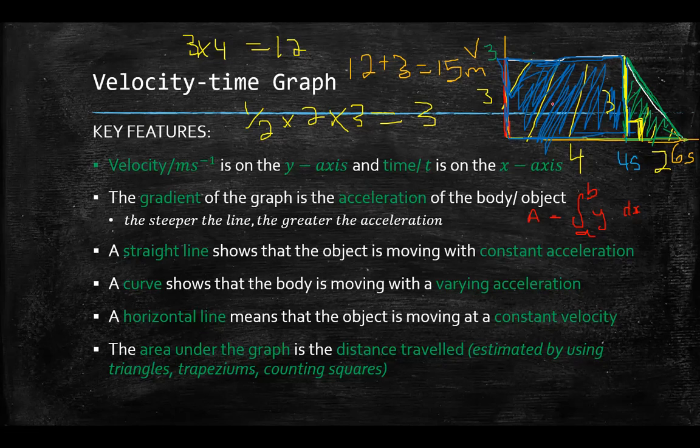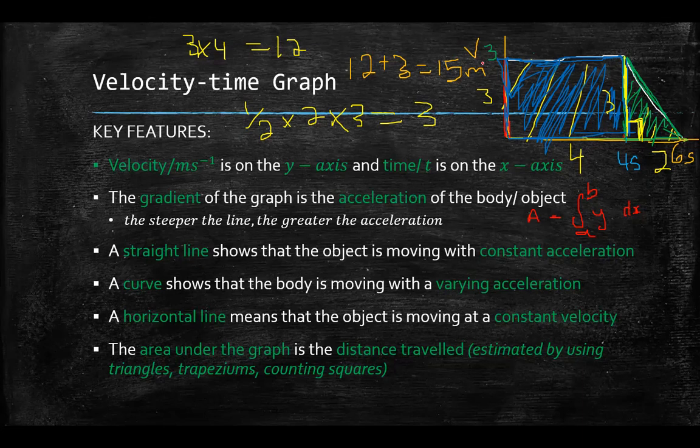If they want the total distance, which is the white part and the green part, then you will have to add both areas that you got. And that's why you said 12. And that will be the final area. And the answer would be 15 meters.